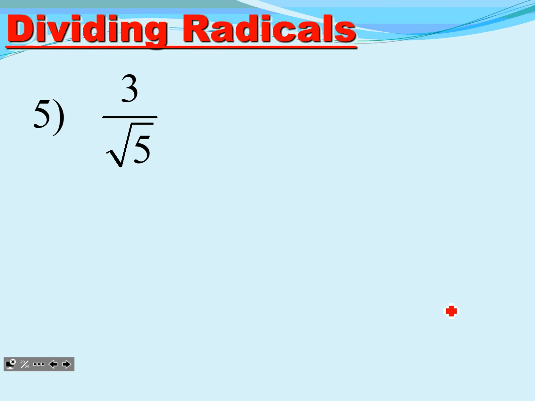For number 5, this is something you should recall doing from last year. You should have done this over and over and over. You should notice that there's something that we don't like about it. We don't like the fact that there's a radical in the denominator.